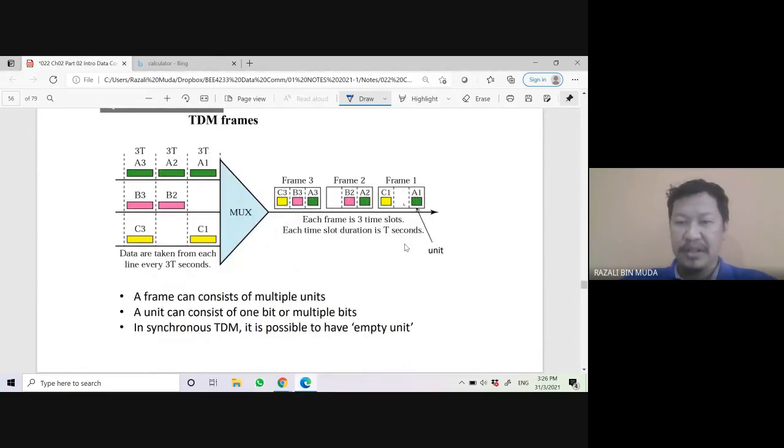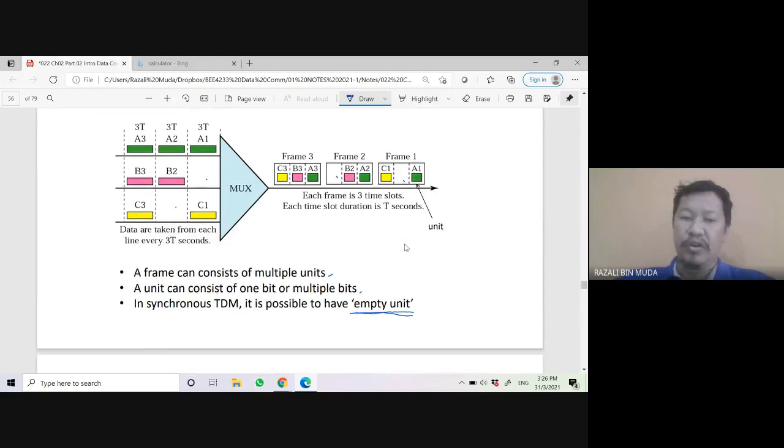There is an empty slot here. A frame can consist of multiple units. A unit can consist of one bit or multiple bits. In synchronous TDM, it is possible to have an empty unit or empty slot. Okay.